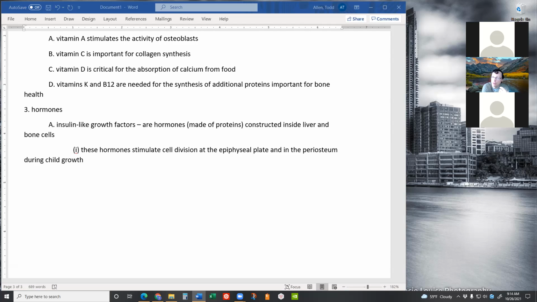We can't grow our bones if the membrane around the bone doesn't also get larger. So there's going to be cell division of the cells that make up the periosteum membrane as well. So these cell divisions are stimulated by these insulin-like growth factors, which are a type of hormone.